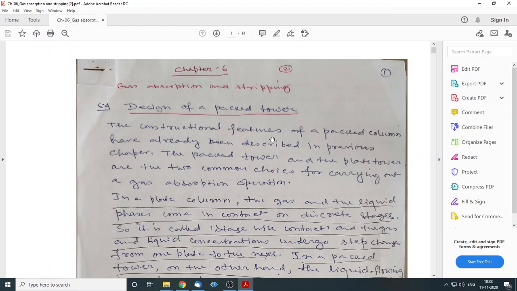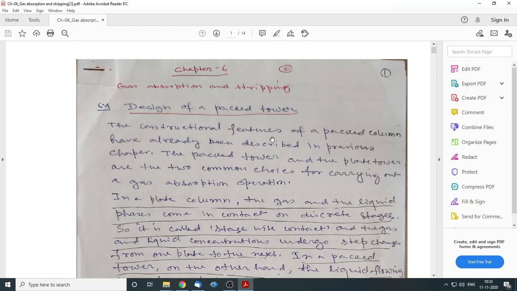We started our last chapter, that is gas absorption and stripping. Last day, we have seen how to calculate the minimum liquid flow rate for absorption and minimum gas flow rate for the stripping.